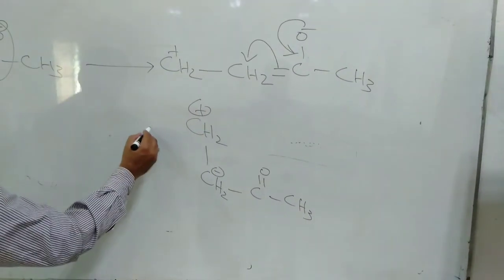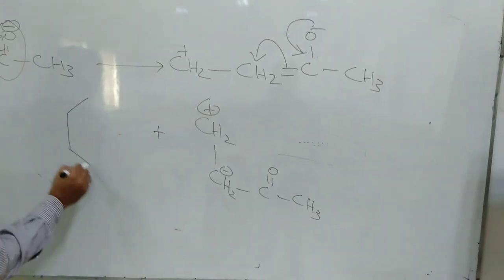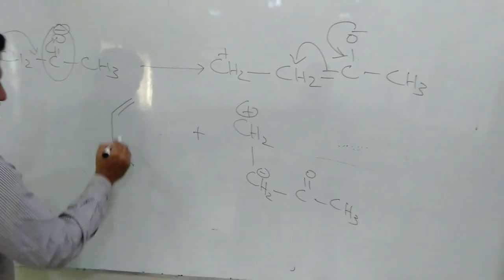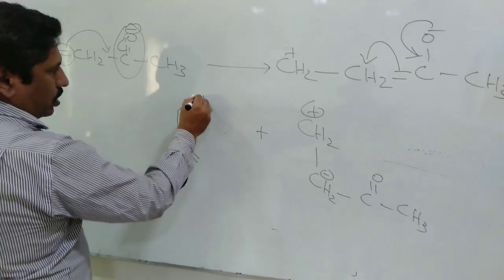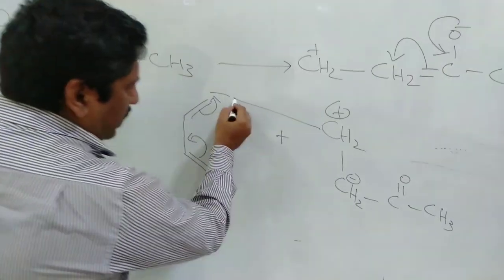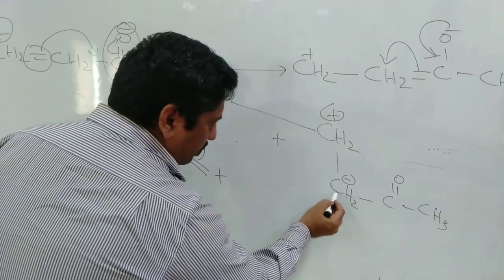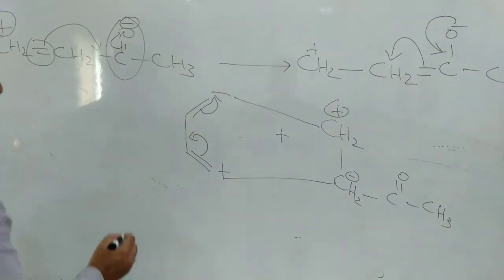When it reacts with conjugated dienes, 1,3-butadiene, that will ultimately be converted into positive and negative, and that methylene negative nucleophile will attack the electron deficient carbon.